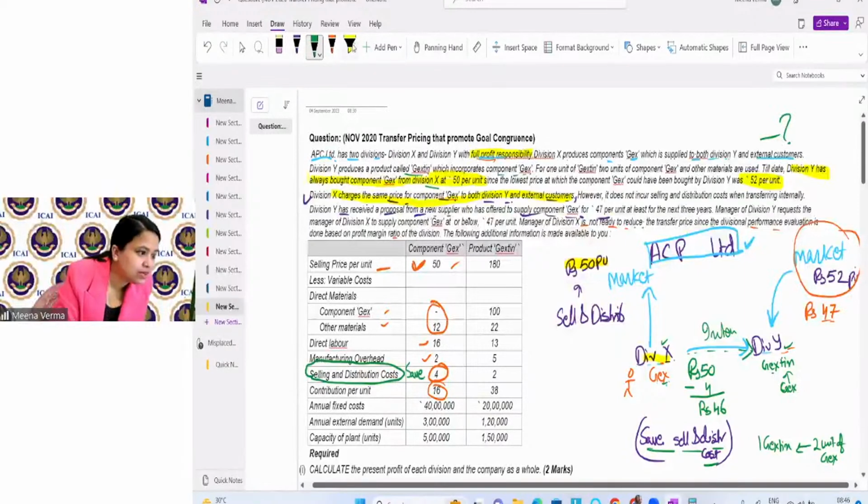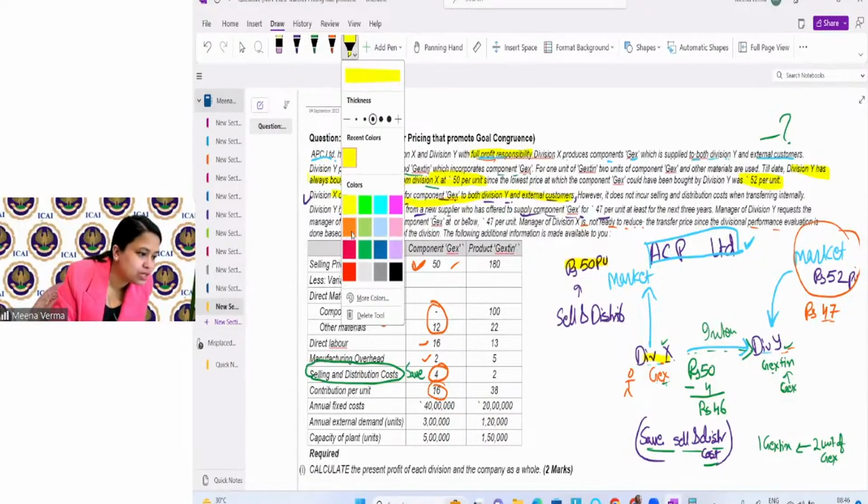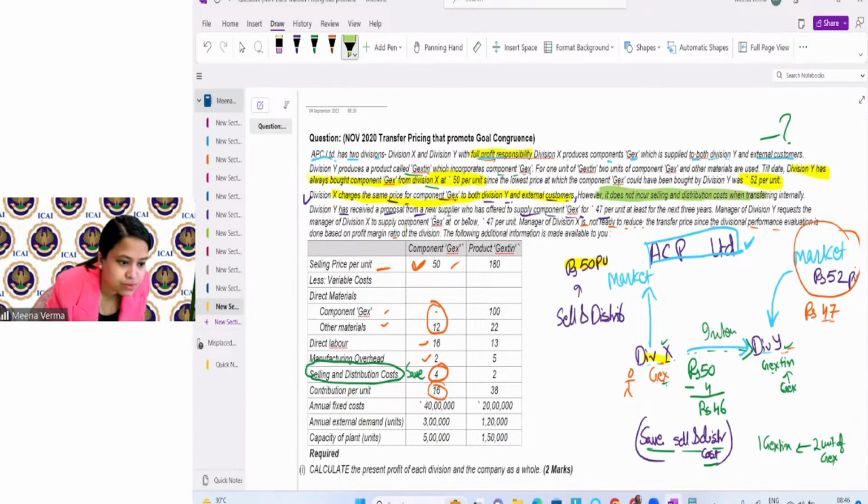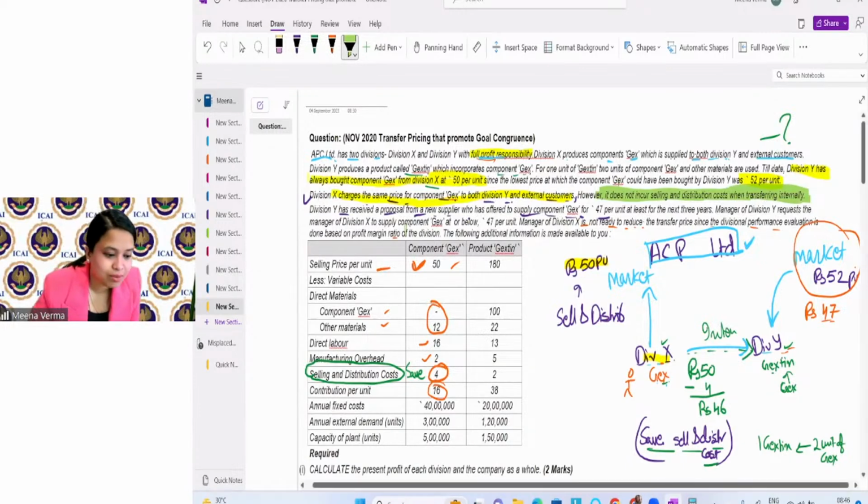Why will you save it? You can see I have given you this. It is given here: when you transfer internally, you will save what? It is given that they will not incur selling and distribution costs when they transfer internally. My point is that it is given that they are transferring the goods at rupees 50. Why are they transferring it at 50?